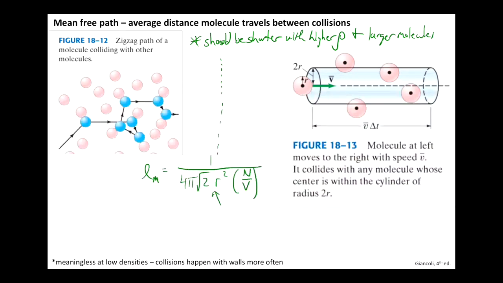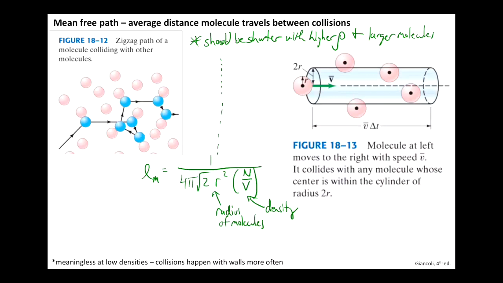R is the radius of the molecules. So you can see they're both in the denominator, they're inversely proportional. If either of those gets higher, the density or the size of the molecules, as expected according to kinetic theory, we end up with less distance traveled between collisions.